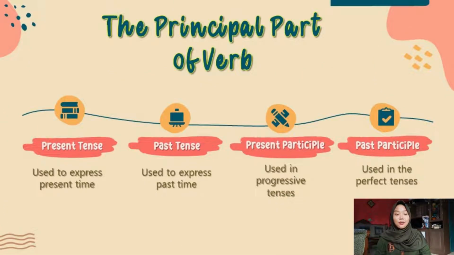There are four types: present tense, past tense, present participle, and past participle. First, present tense is used to express present time. Second, past tense is used to express past time. Third, present participle is used in progressive tenses. Fourth, past participle is used in perfect tenses.